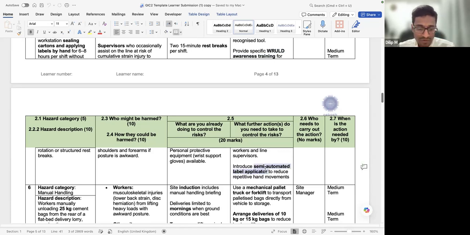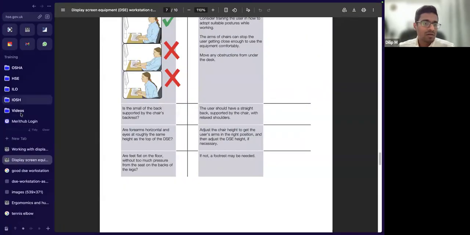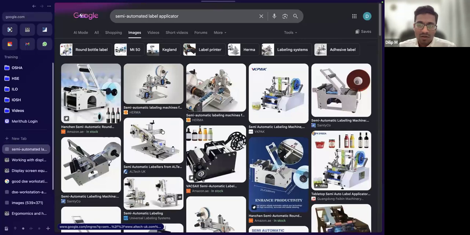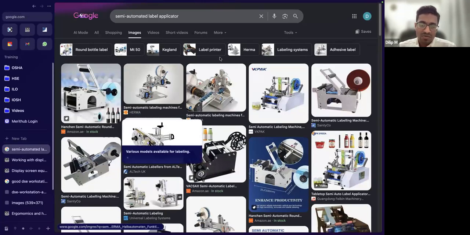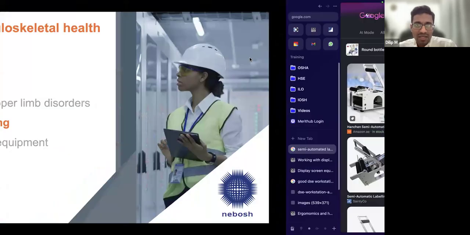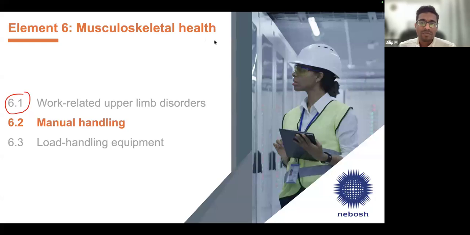So for example, you can even go and search this. Okay. So label applicator machine. So this will completely avoid applying labels by hand.